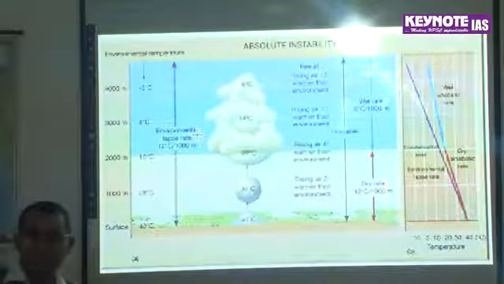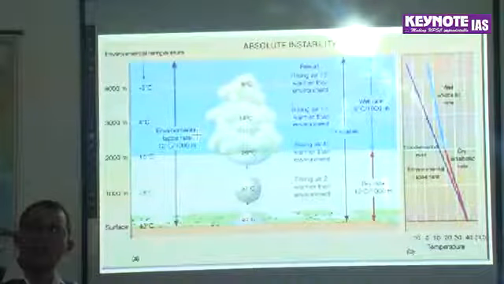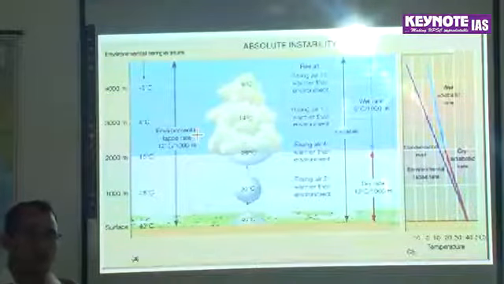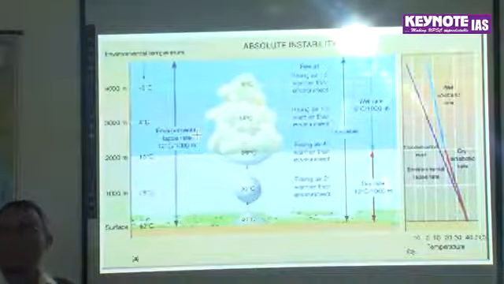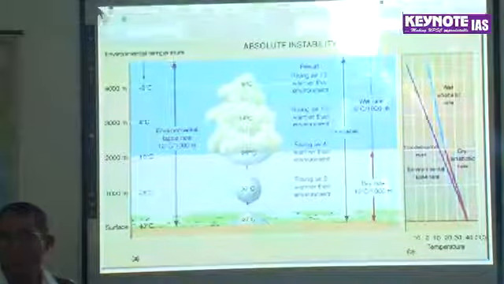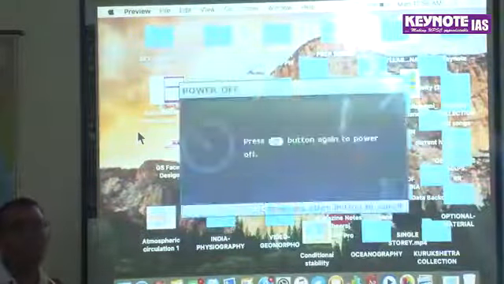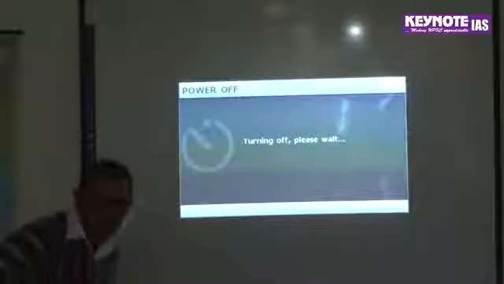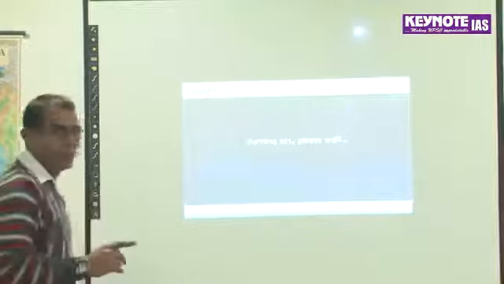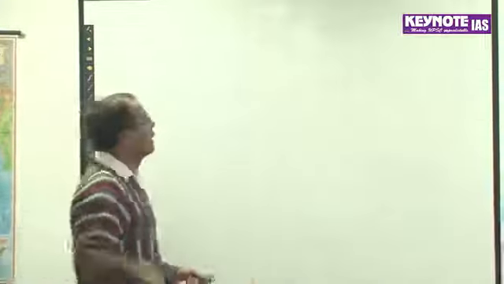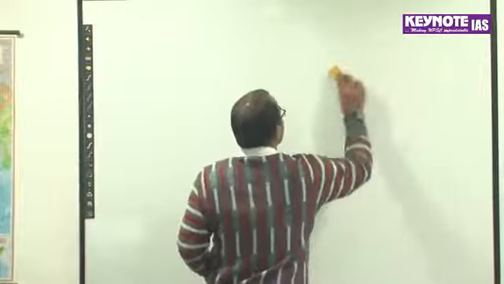So at each layer of the atmosphere, the temperature of the rising air will be more than the temperature of the surrounding air, and that situation creates a perfectly unstable condition. Hope we are getting that. So the environmental lapse rate is even greater than the dry adiabatic lapse rate.